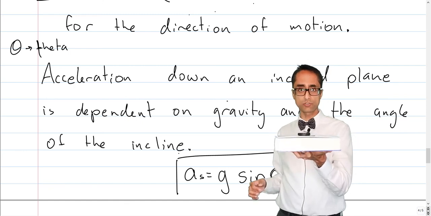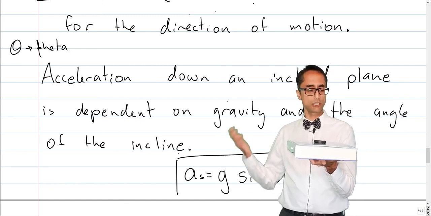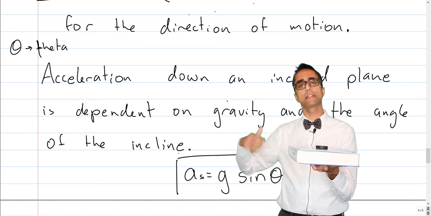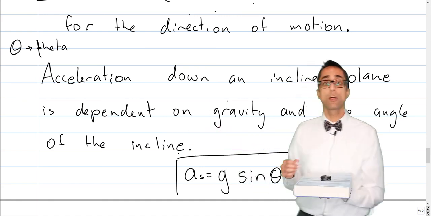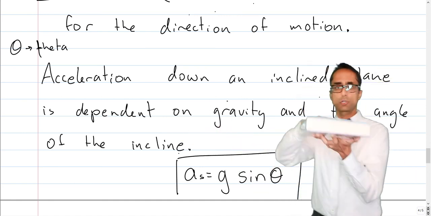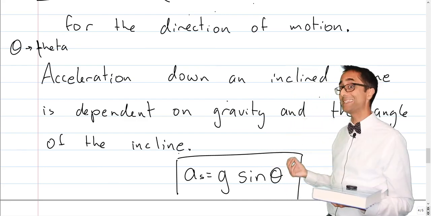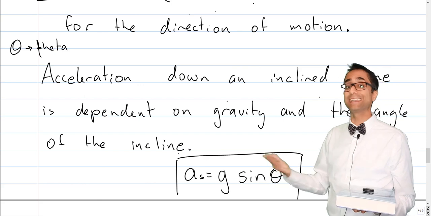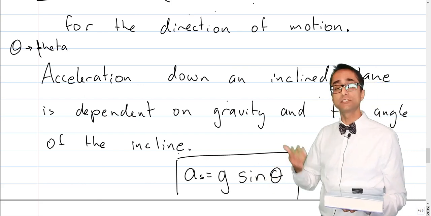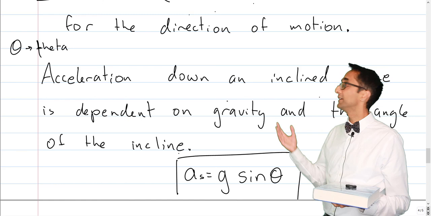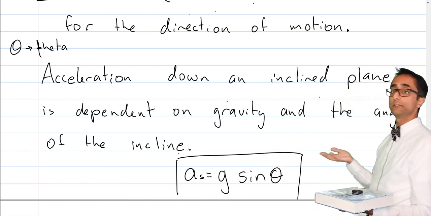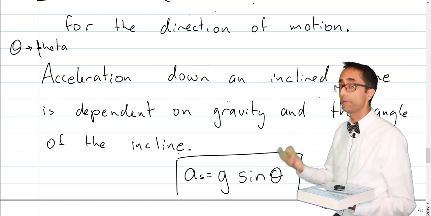So if you're at a horizontal surface with no inclination, clearly your acceleration due to gravity is nothing. On the other hand, what about the other extreme? What if we turned our ramp suddenly and it was vertical? Well, then that angle would be 90 degrees. And so sine of 90 is 1. And sine of 90 degrees being 1 gives us an acceleration of g, an acceleration of gravity itself.